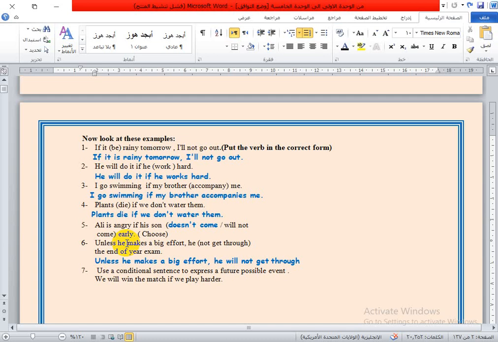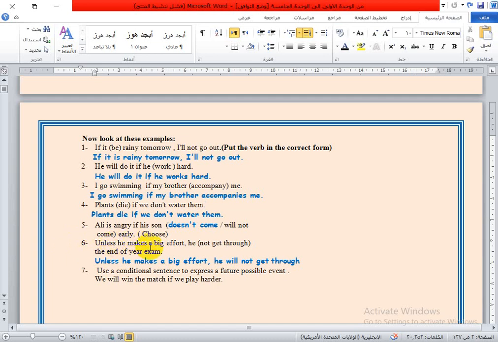Does it express a scientific fact or a future possible event? I think this sentence expresses a future possible event or a future prediction. So this sentence belongs to the first conditional type.